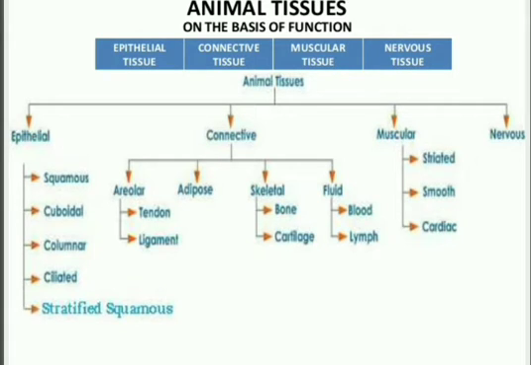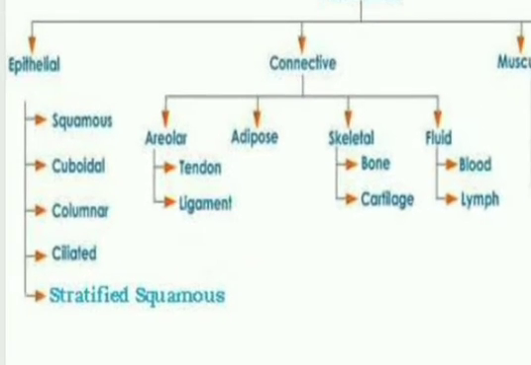In epithelial tissue you can see the subparts. The types of epithelial tissue are squamous epithelial tissue, cuboidal epithelial tissue, then columnar, meaning in the form of columns, then ciliated, and the last one is stratified squamous epithelial tissue.